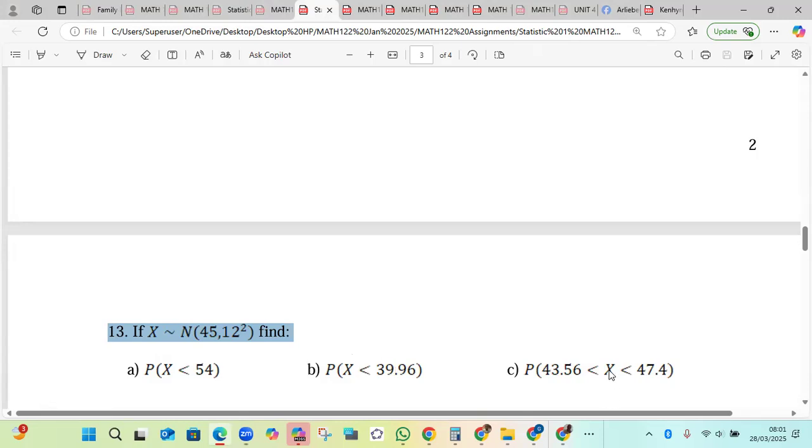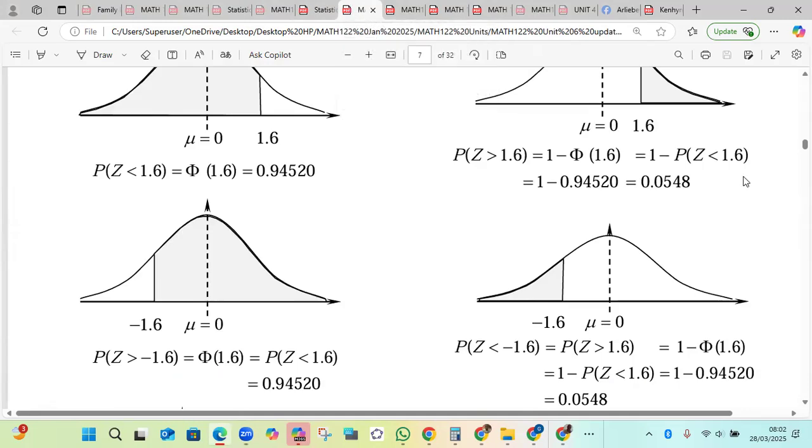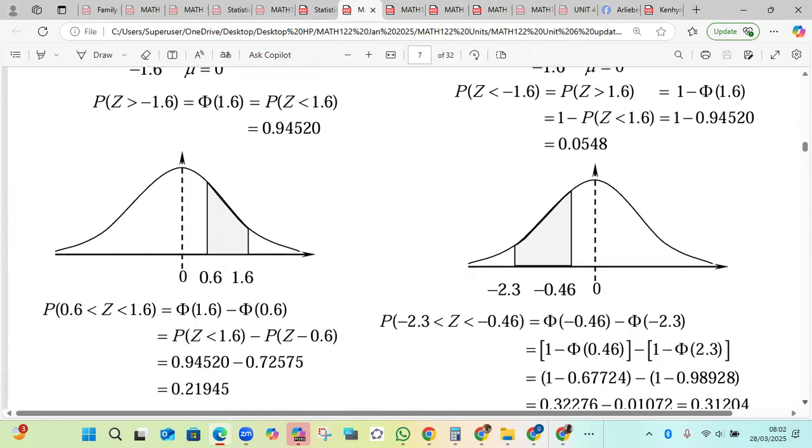What about the probability that x is between 43.56 and 47.4? 43.56 is less than 45, and 47 is more than 45. So we are in a similar situation like this, because we're trying to find an in between.